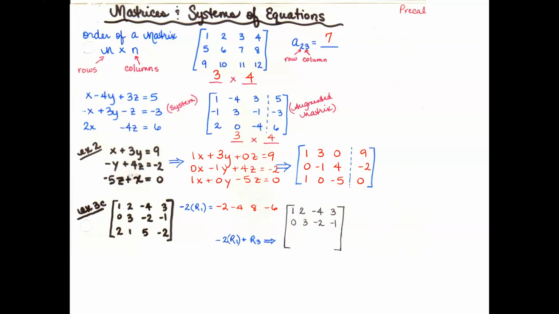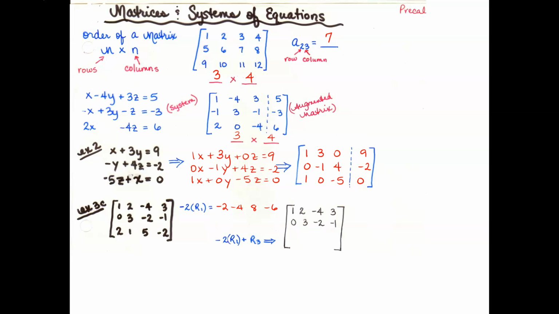Then the next thing they ask us to do is multiply a row by a constant and then add it to another row. So you can see over here, we're going to copy rows 1 and 2 exactly as they are, but we're going to change row 3 because we're going to multiply negative 2 times row 1 and add that to row 3.